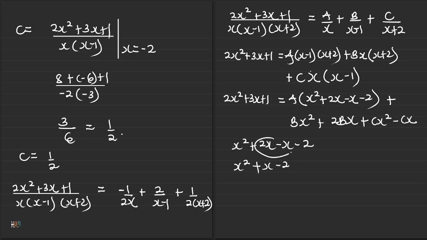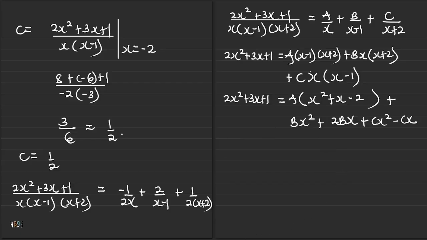That is the 2x minus x. So we are going to clean all these we have here and substitute it with x squared plus x minus 2. You see? So with that, it makes our evaluation simpler.